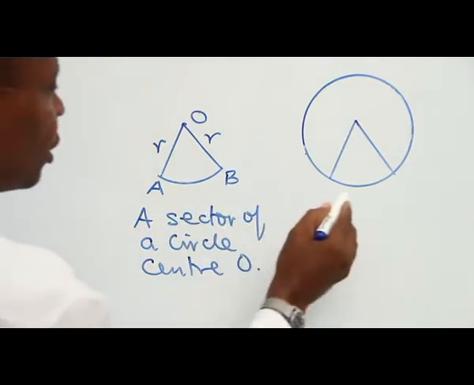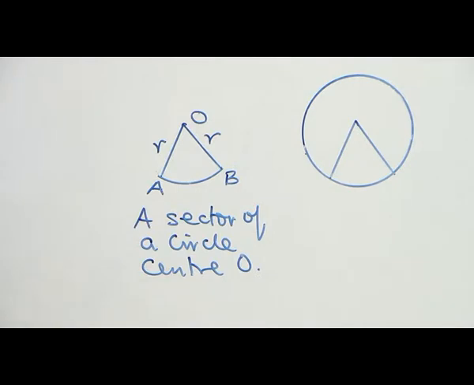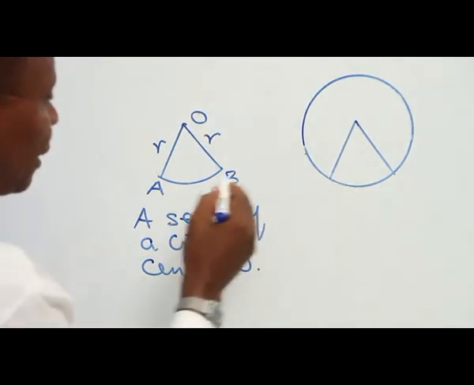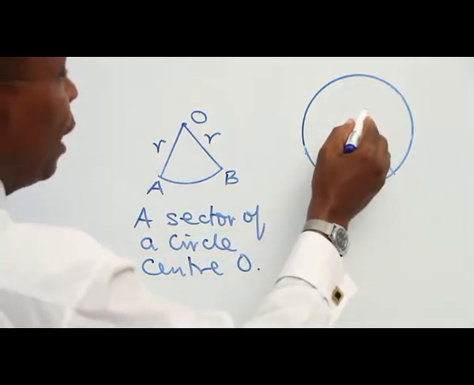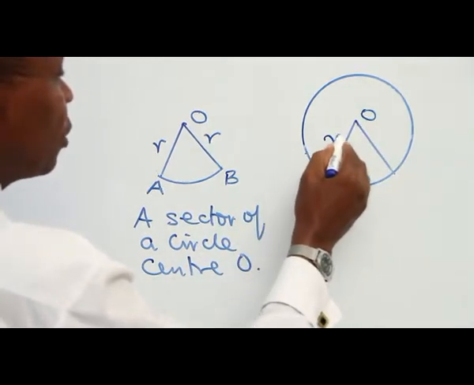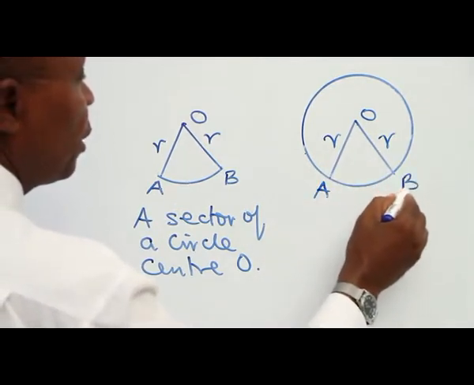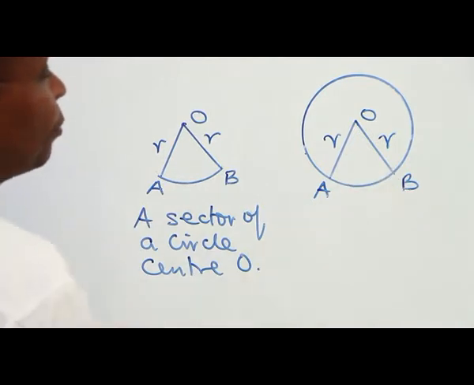Now, let's go to the second diagram. We are looking at a similar thing to the first one. Here, this is the center, this is also the radius, this is the radius, this is the point A and point B. This is the arc.